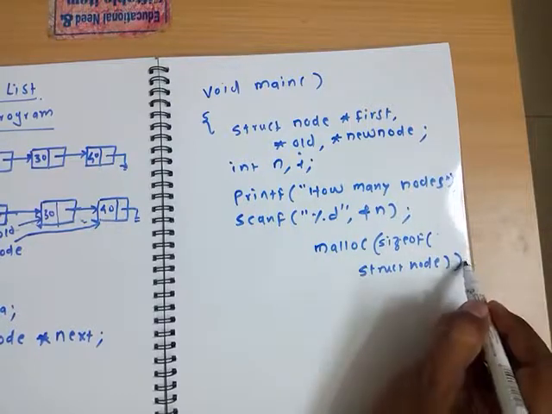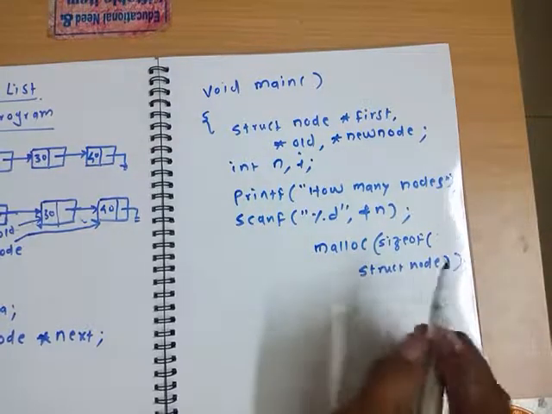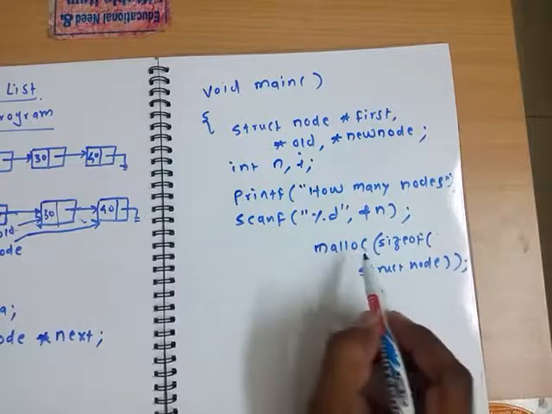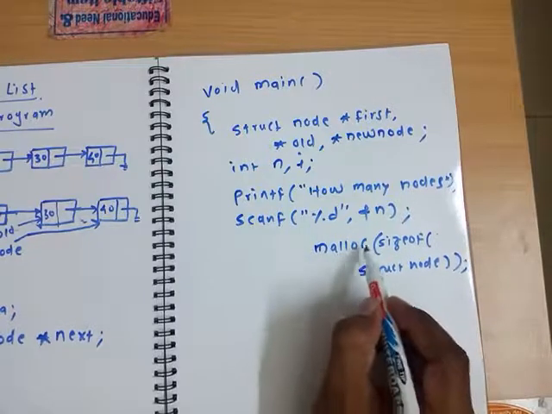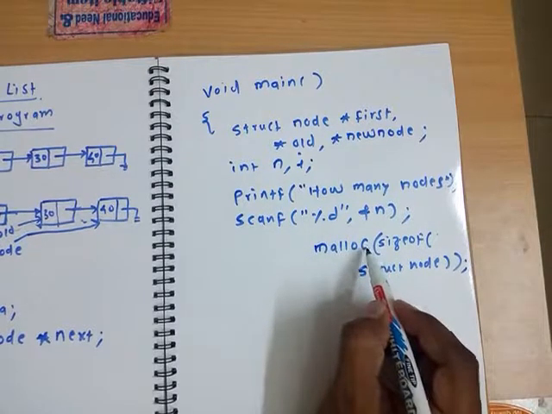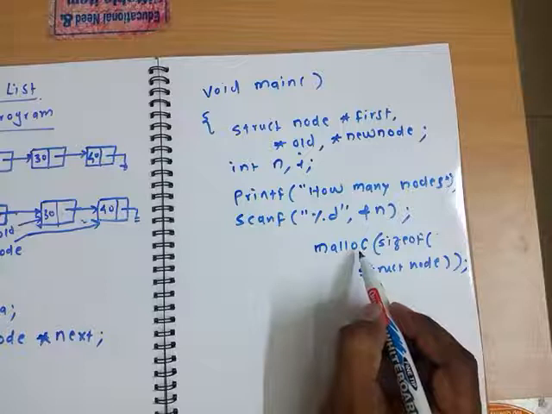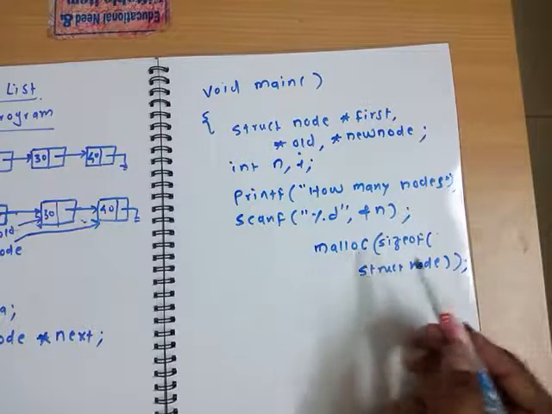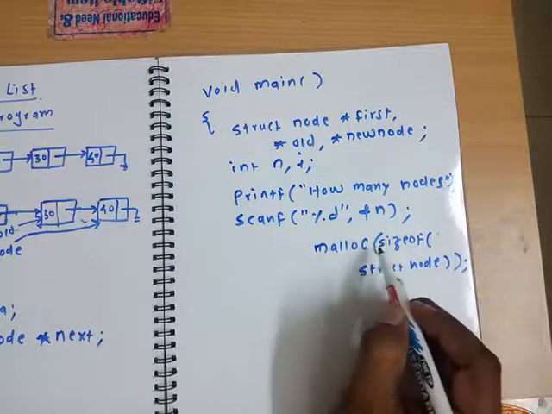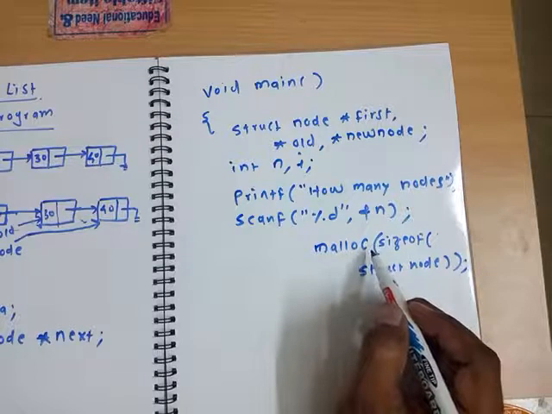malloc for us. Now malloc reserves that much memory and it returns the address of the memory reserved for you, right? Now you have to store the address of the memory returned by malloc in a pointer. But what kind of pointer can you point there? The idea is malloc returns a void pointer.